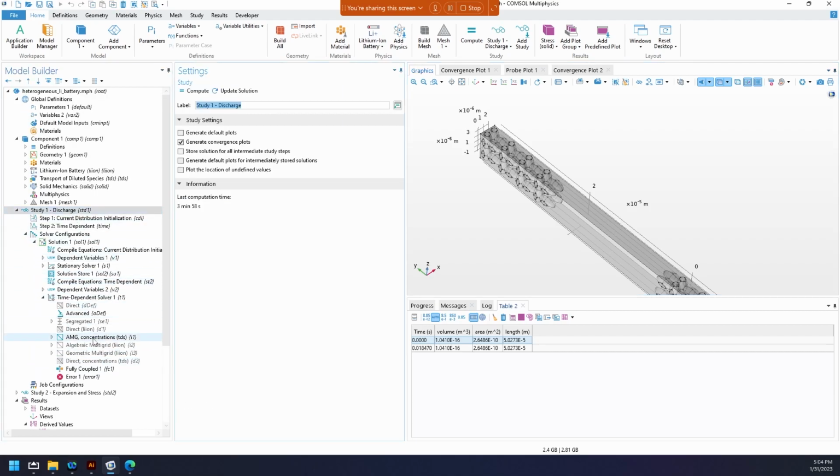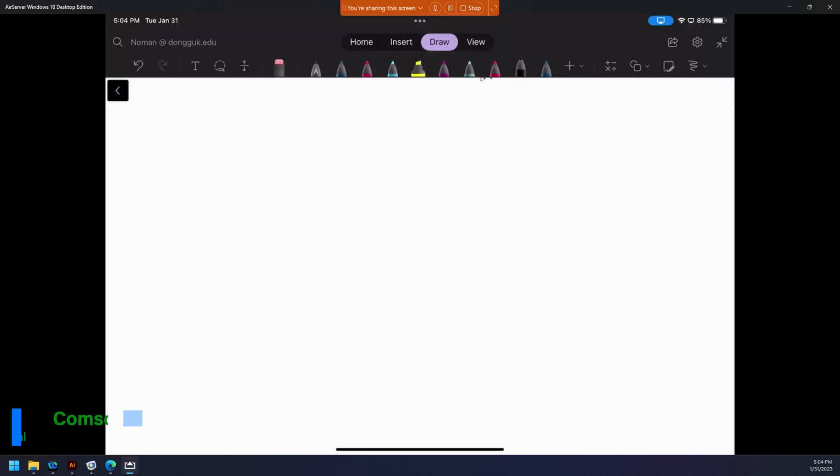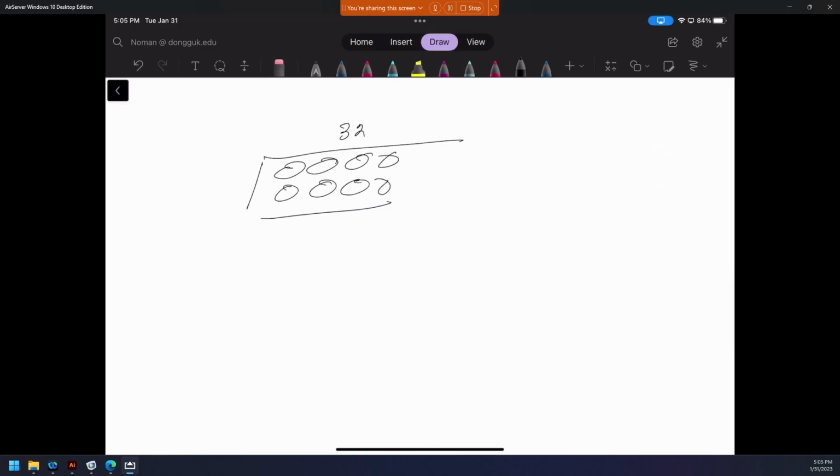Now let's say we want to calculate the radius of one particle. We know that there were actually 32 particles, and let's assume all these particles are spherical.